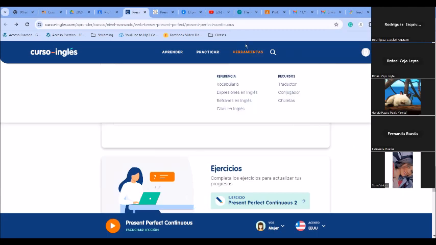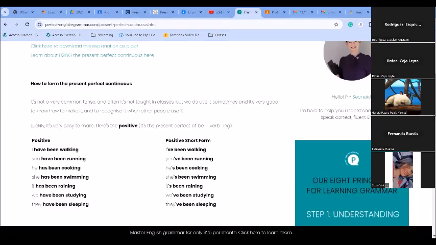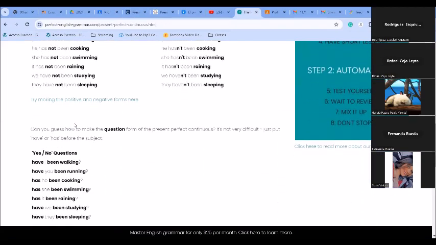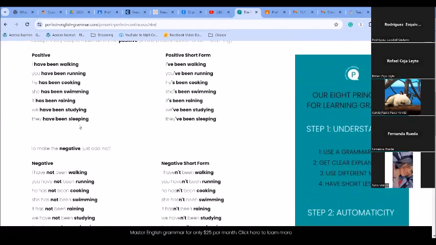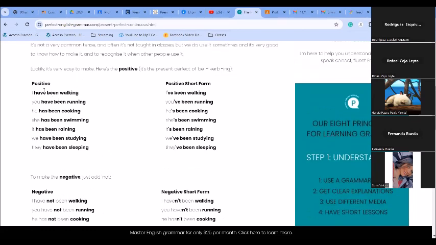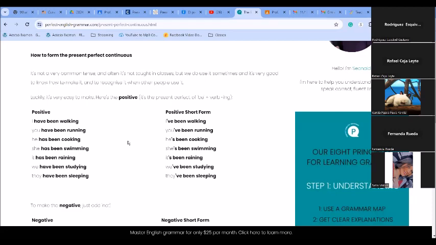Now, in addition to that main use, let's look at the general structure, guys. In a positive or affirmative form, these are some sentences that you will have. We use it generally to express the continuity of something from the past that you have started and you have continued. All right, so these are some examples.